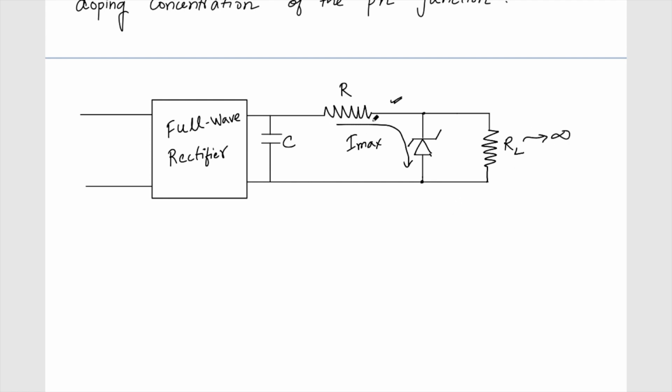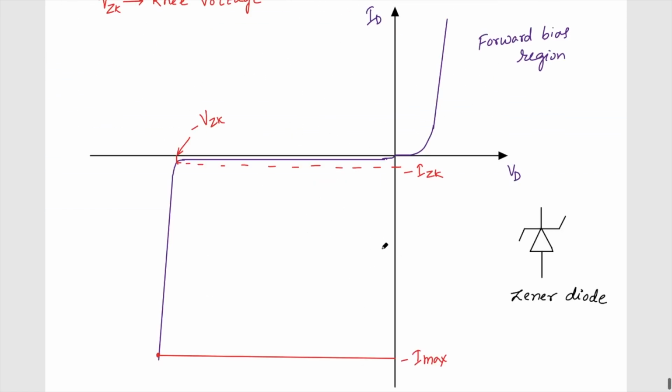At that time, all the current is going to flow through the Zener diode. So I need to select this R such that the current flowing through this is lesser than Imax. These are the different things that we are going to analyze. For that, we need to make a proper model of this Zener diode before we start analyzing it.